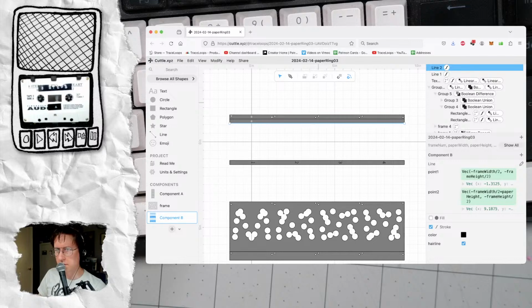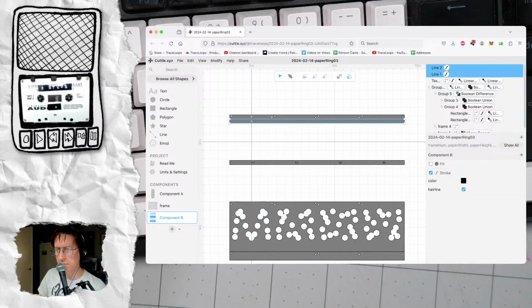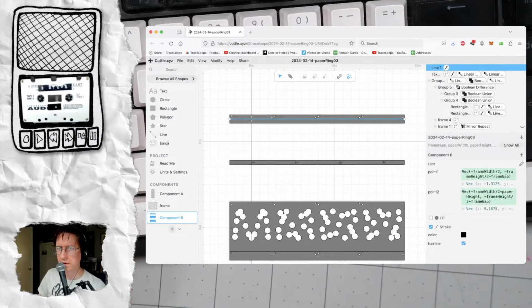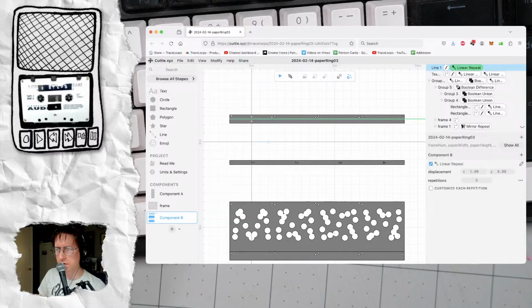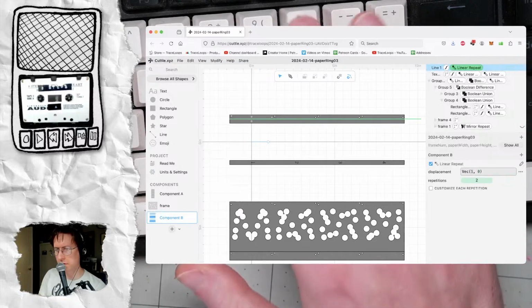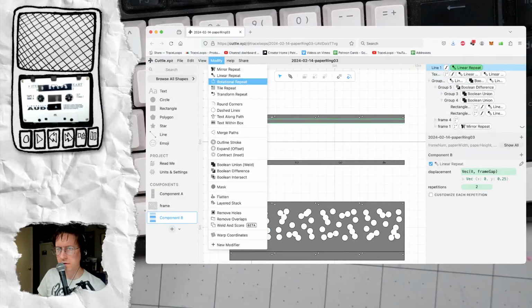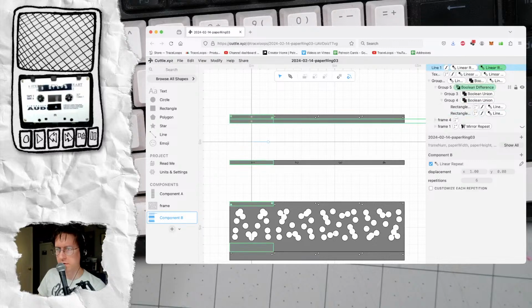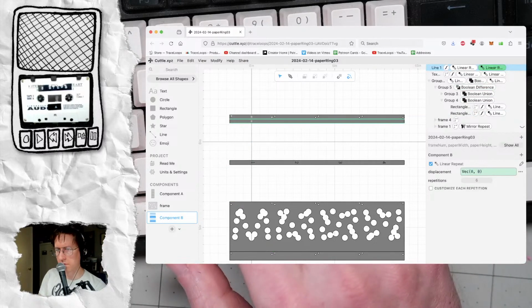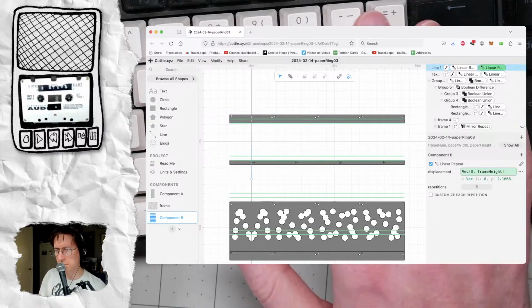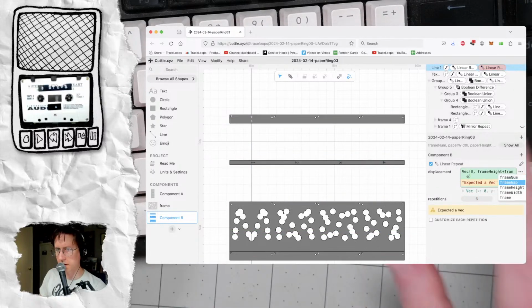Wait, I actually need this to take line 1, line 2, get rid of modify linear repeat, just 2 of these. The offset is frame gap, modify linear repeat, 0 frame height plus frame gap.